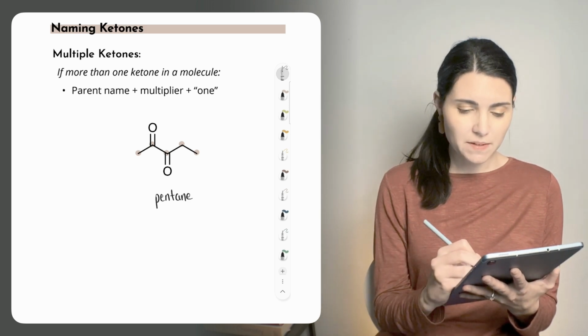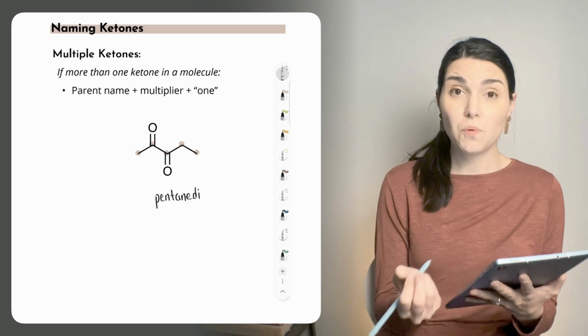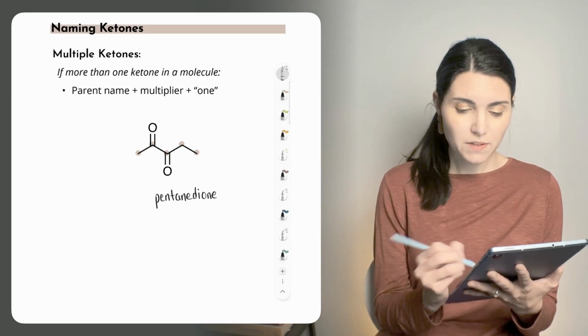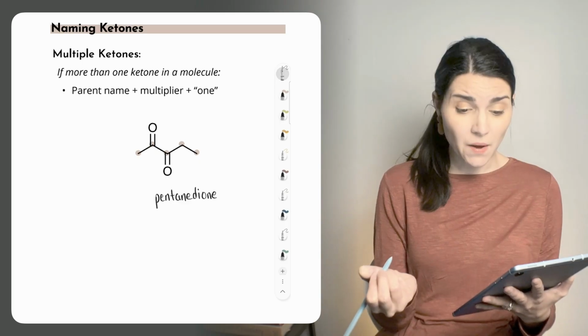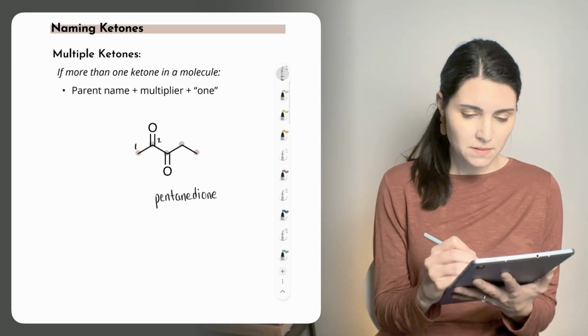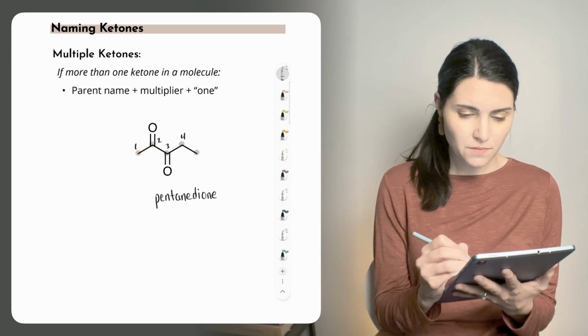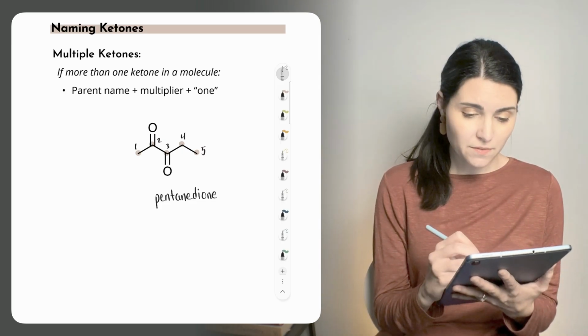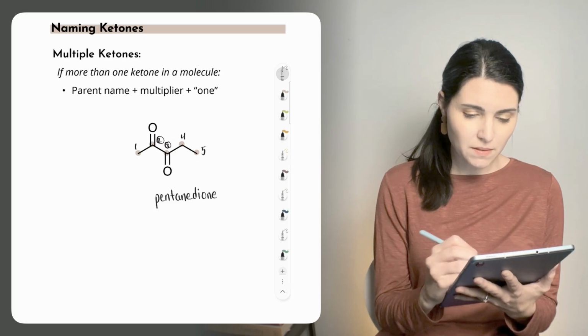We'll add our multiplier di for 2, and then one for the functional group. So it's a pentanedione. And we need to put our locants. So we'll go 1, 2, 3, 4, and 5. And so that means we have ketone groups on 2 and 3.